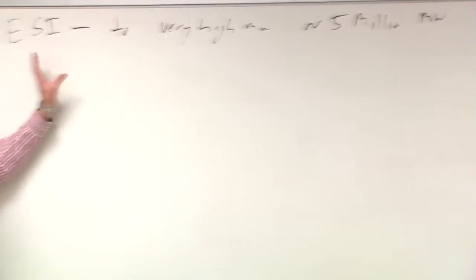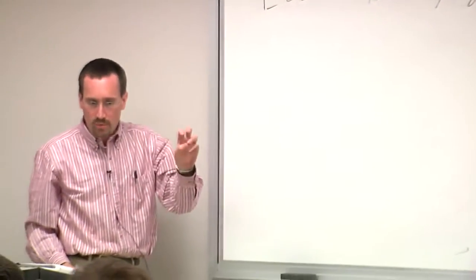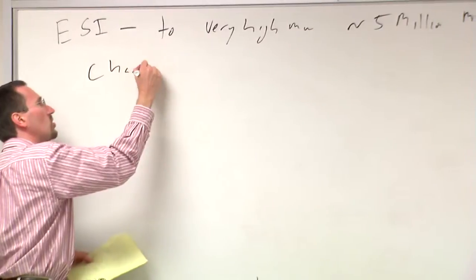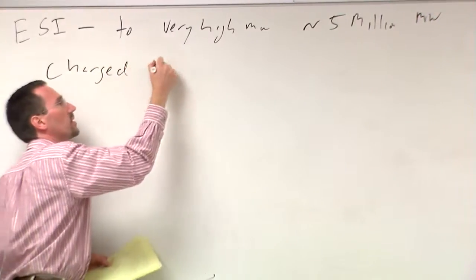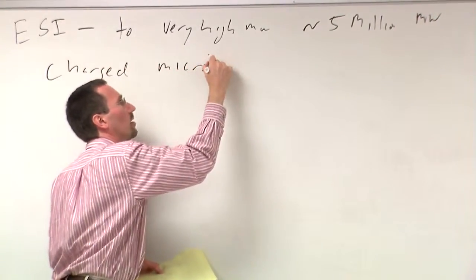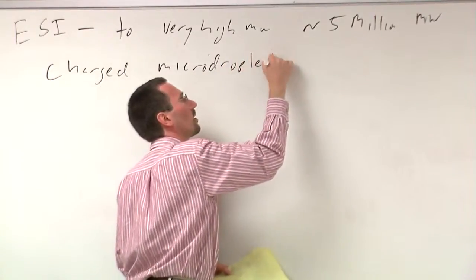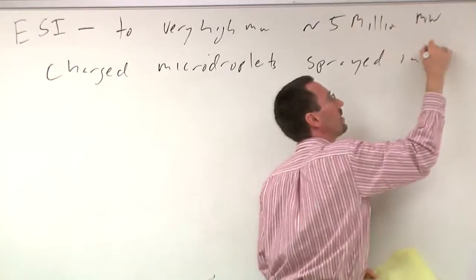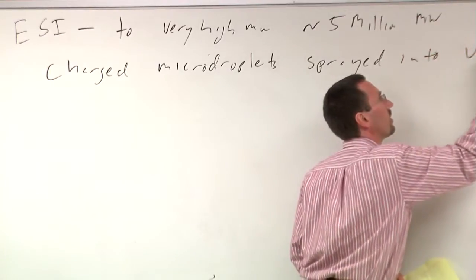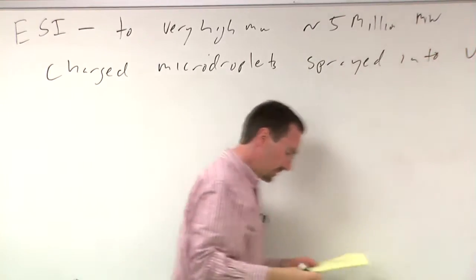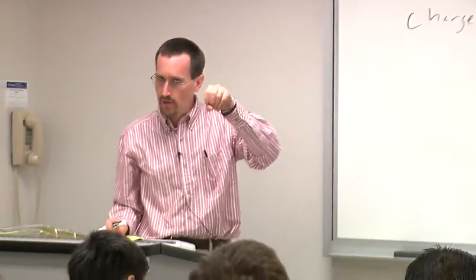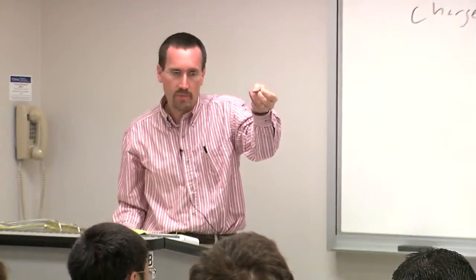So the basic gist is you're spraying off of an electrically charged nozzle, you're spraying charged microdroplets into a vacuum. And what happens is the droplets in the vacuum are in solvent like methanol.